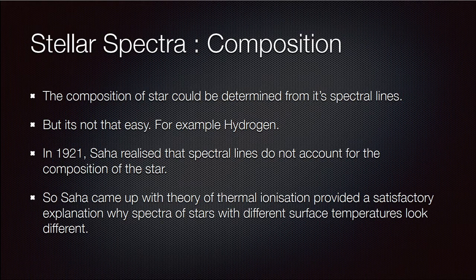This was a contradiction which Saha realized, and he said in 1921 that spectral lines alone do not account for the composition of the star. So he came up with the theory of thermal ionization, which provided a satisfactory explanation of why spectra of stars with different surface temperatures look different. Next slide.